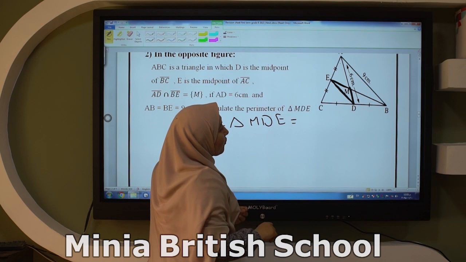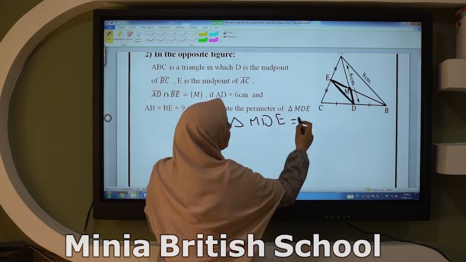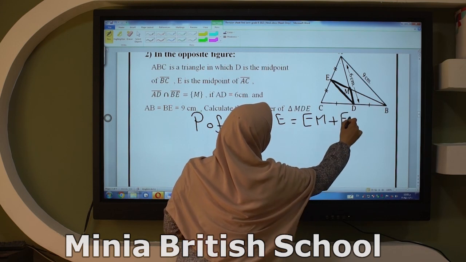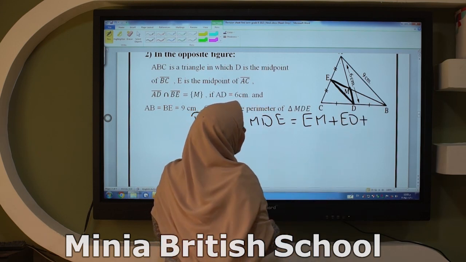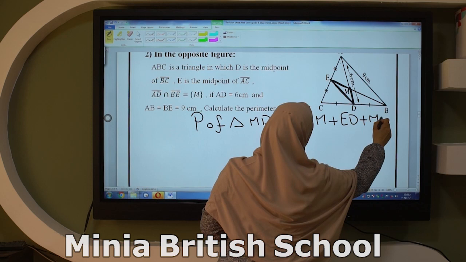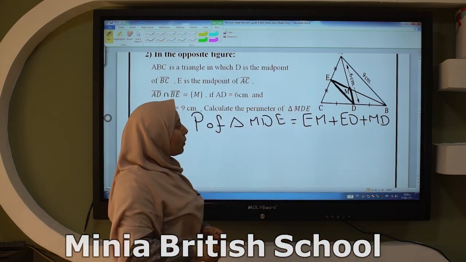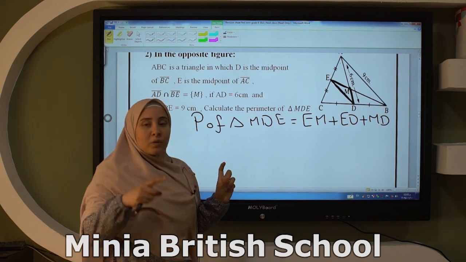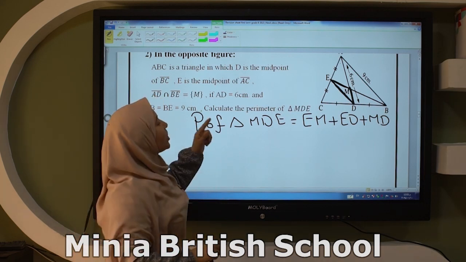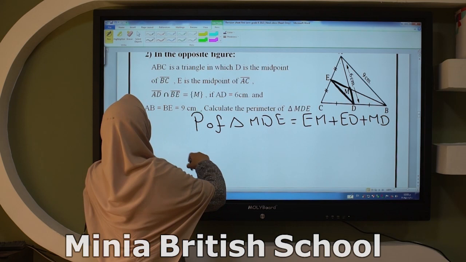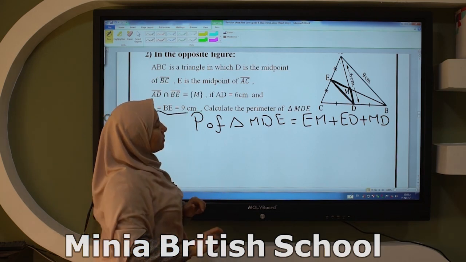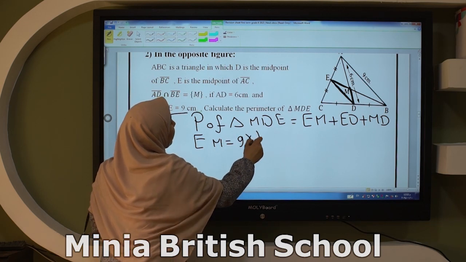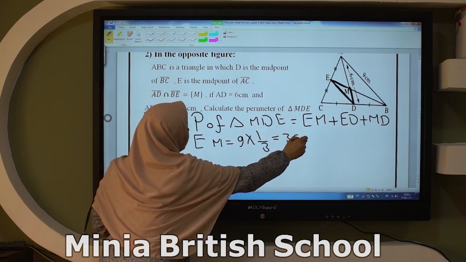Then the perimeter of the triangle MDE equals the length of EM plus the length of ED plus the length of MD. EM equals what? EM here equals one third of the median, which BE equals 9 cm. Then EM equals 9 times one third, equal to 3 cm.